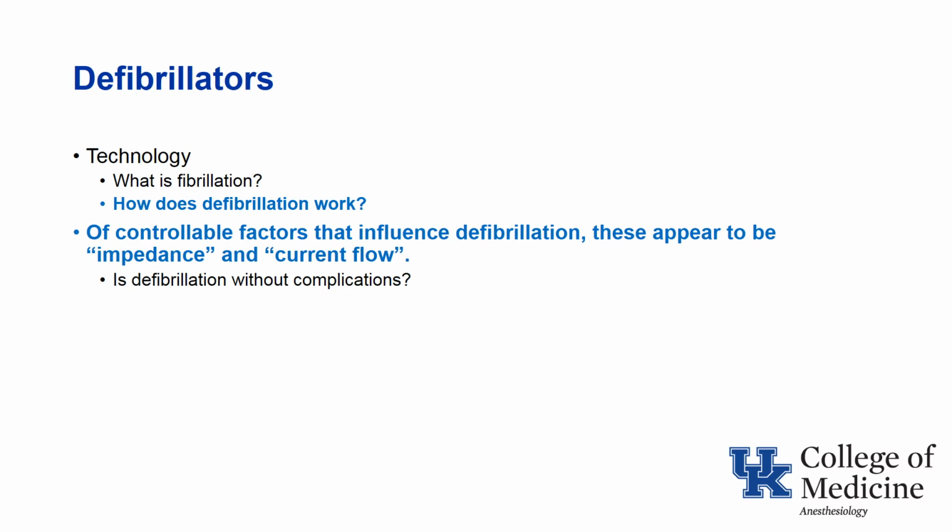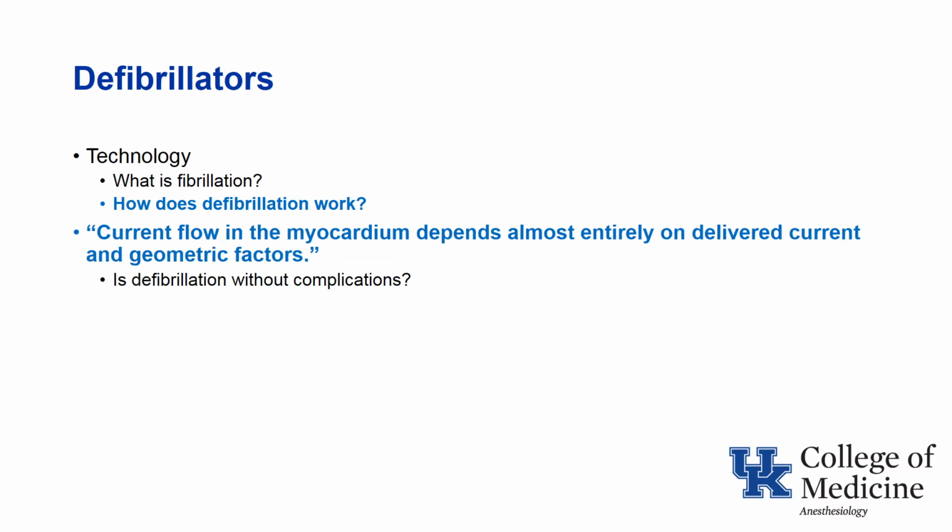Of the controllable factors that influence defibrillation, these appear to be impedance and current flow. Current flow in the myocardium depends almost entirely on delivered current and geometric factors. Unfortunately, most defibrillators do not indicate the delivered dose of current.